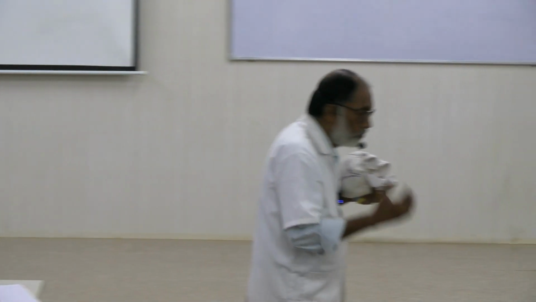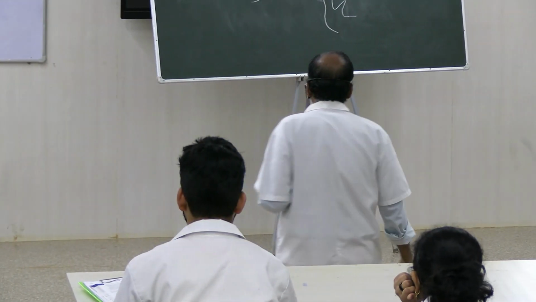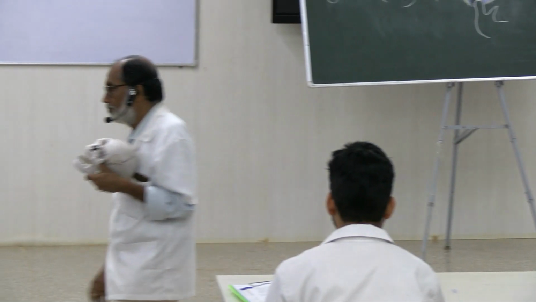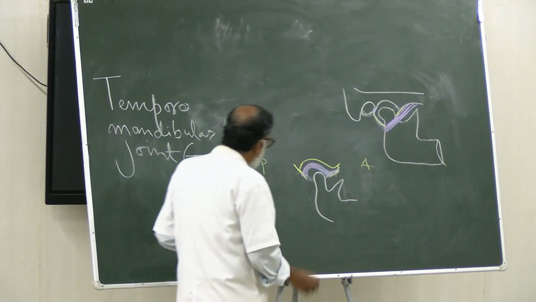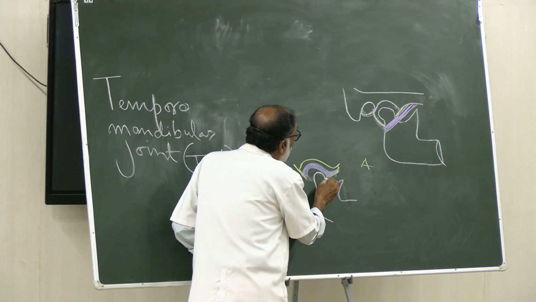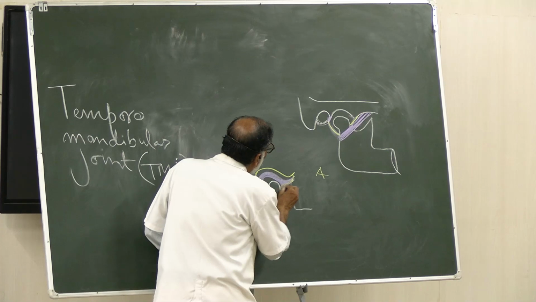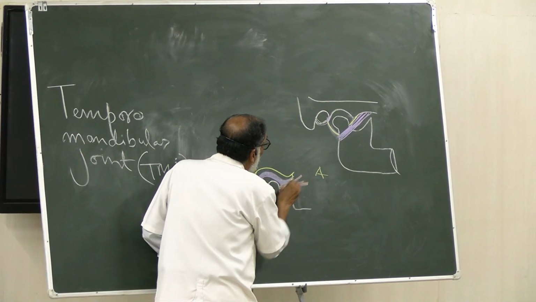Now, actions of the muscles. What are the muscles that cause protraction? One muscle is coming. Here there is a fossa. This is called the lateral pterygoid muscle.